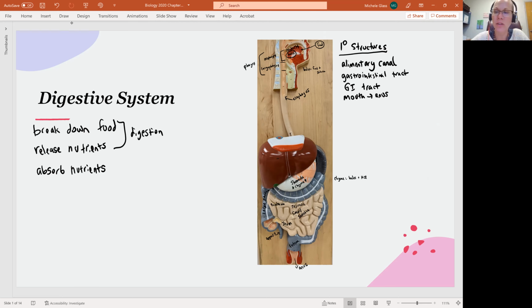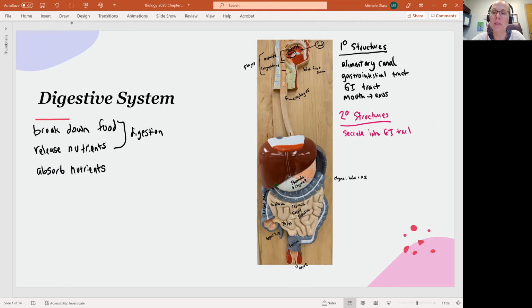Our secondary structures then are going to be important glands and organs that are going to secrete into the GI tract.